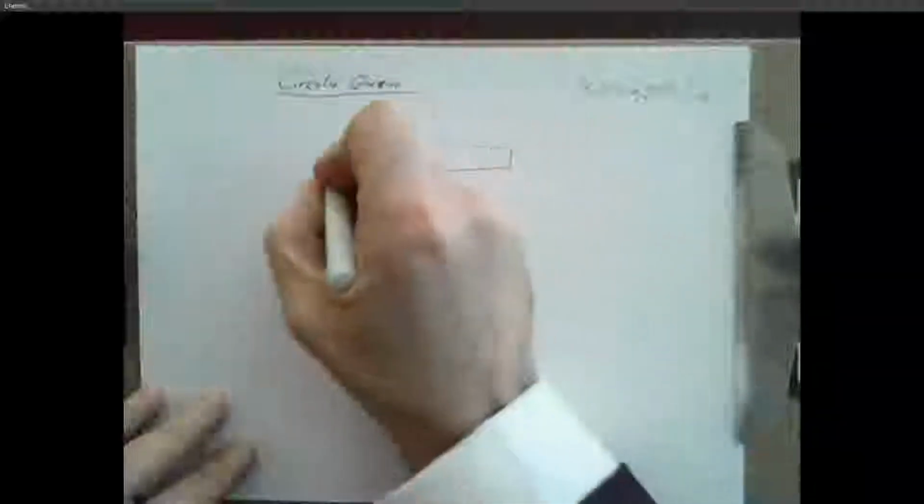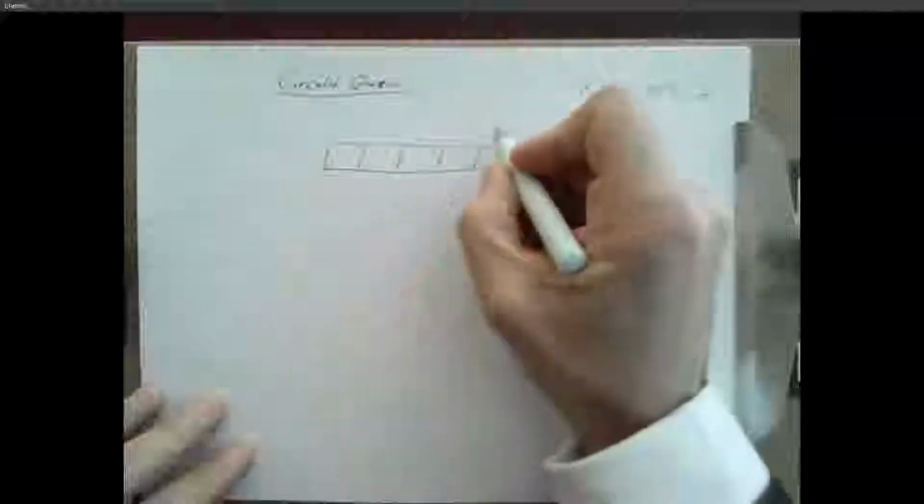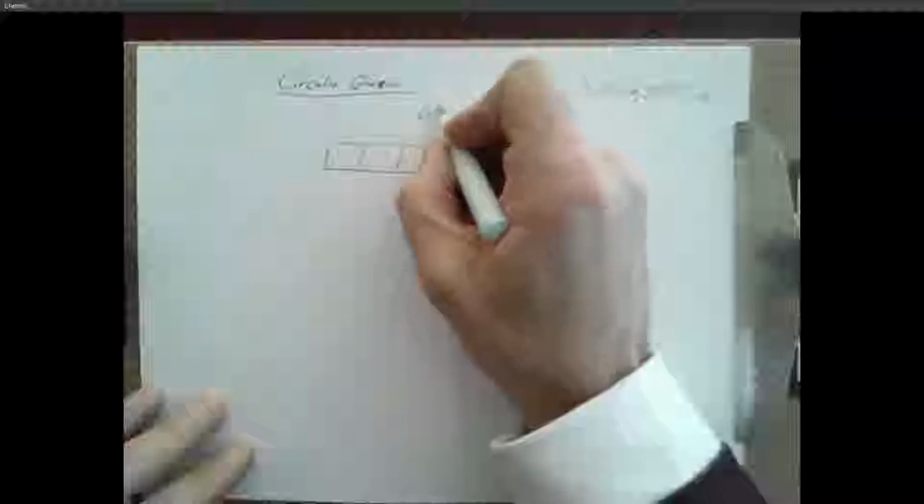So let's run through an algorithm first, and then we'll do some pseudocode. But let's make a smaller queue. So let's just suppose our queue is a very tiny array, 5 elements. So we'll just call this queue, and we'll have a head, which is 0, and we'll have a tail, which is 0.